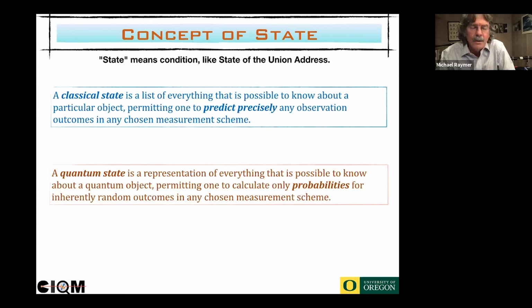You can predict it almost exactly. In contrast, a quantum state is a representation of everything that's possible to know about a quantum object. And it's an interesting way to say it because it's not possible to know as much about a quantum object as you can know about a classical object. And because you can't know that information, you cannot predict precisely what's going to happen, but you can still calculate probabilities.